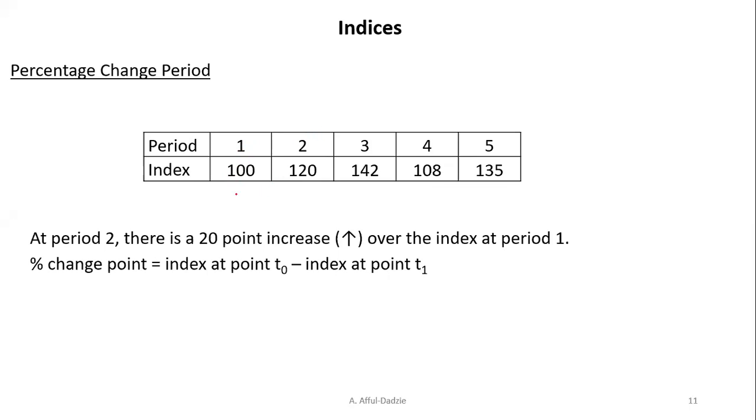Period 1 and period 2, 120 minus 100, so you have a 20 percentage point difference. Again, if you take period 1 and period 4, you have an 8 percentage point difference. If you have period 1 and 5, you have 35. That's just how this works.